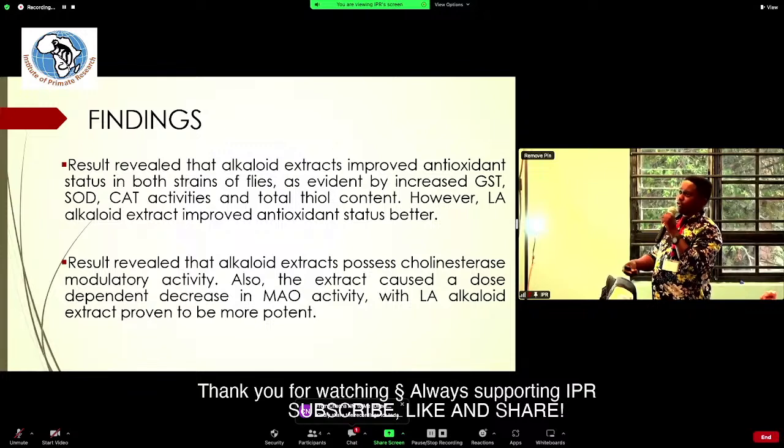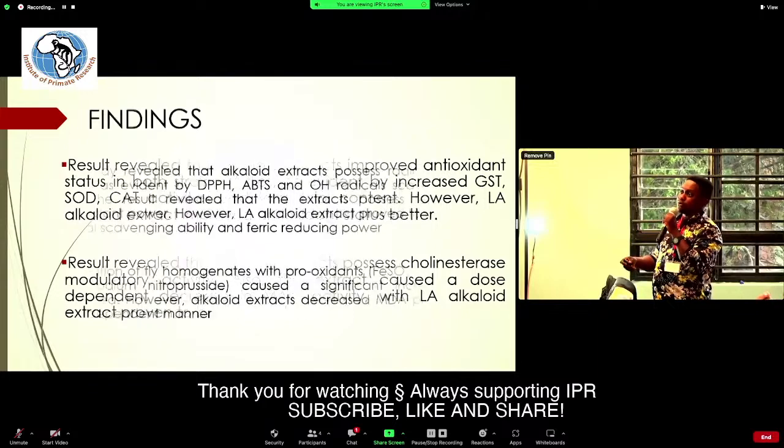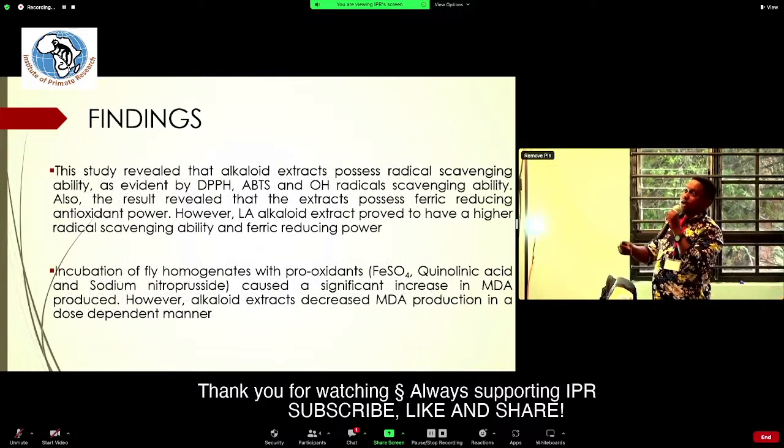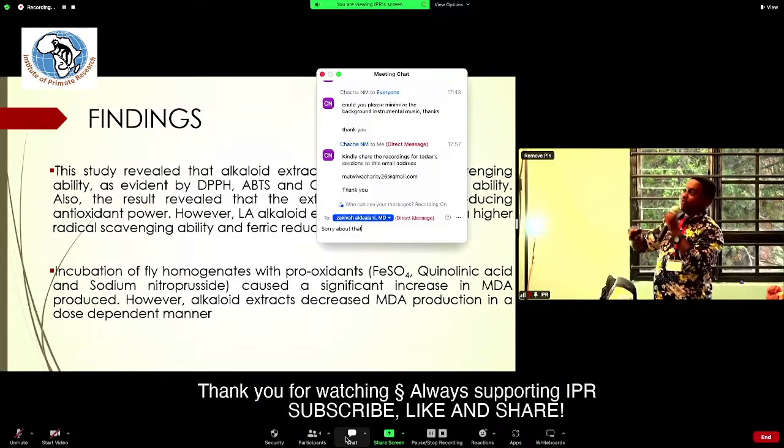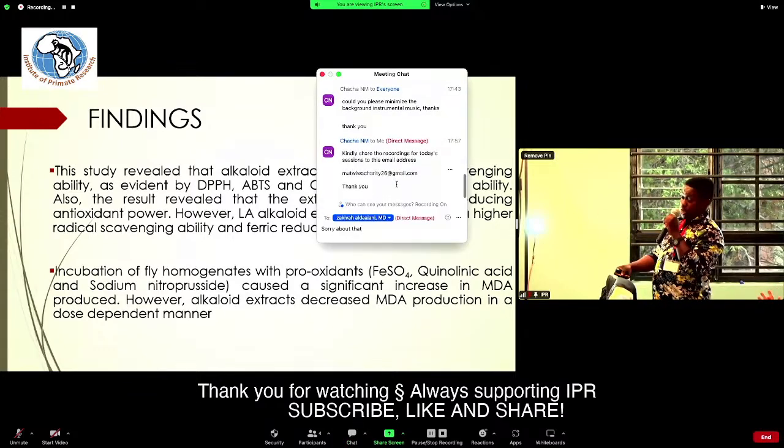The results also reveal that the extracts from these vegetables were able to modulate cholinesterase activity and monoamine oxidase activity. The study also revealed that the alkaloid extract was able to scavenge free radicals, the likes of DPPH, ABTS, and hydroxyl radicals.